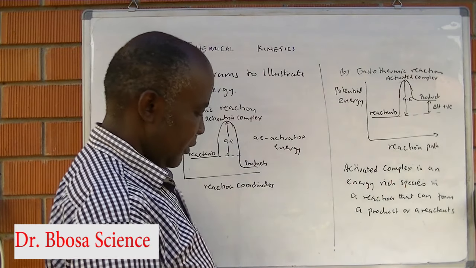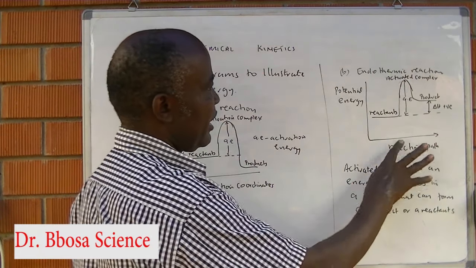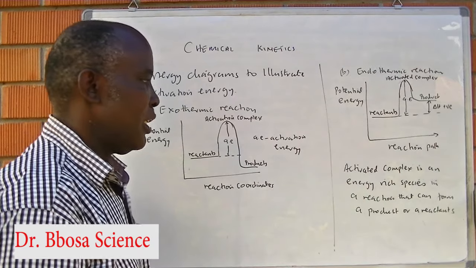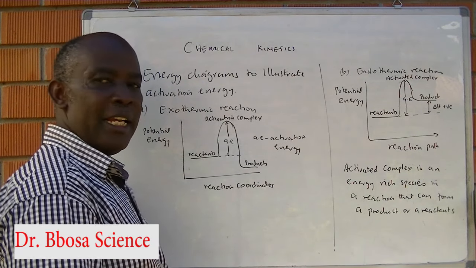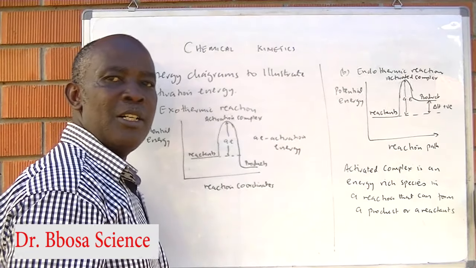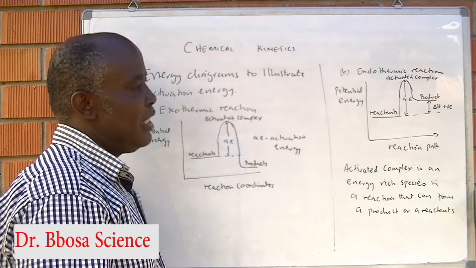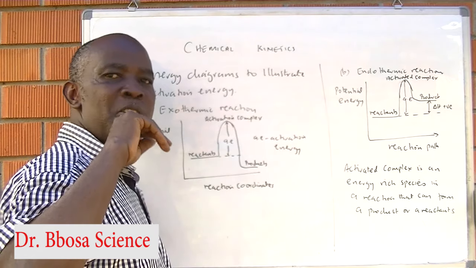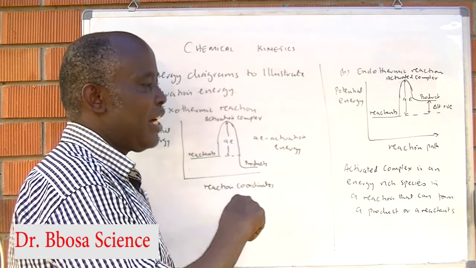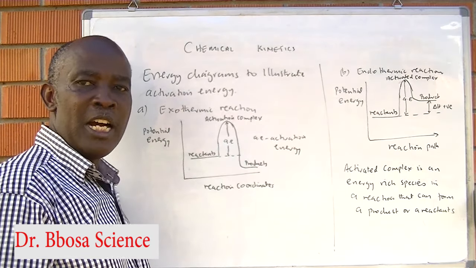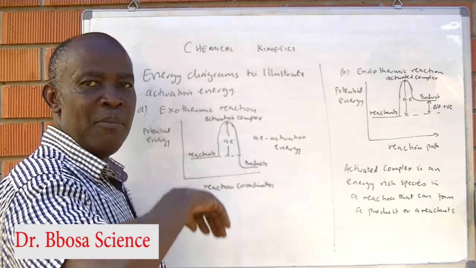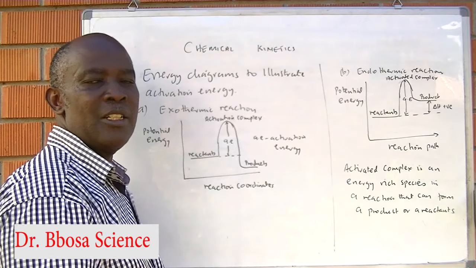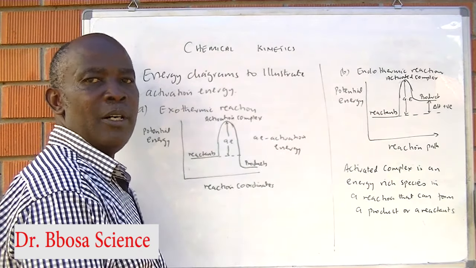The activated complex is an energy-rich species in a reaction that can either form products or reactants. The species with the highest amount of energy in a reaction is called the activated complex. The activated complex can either break to form products or reactants.